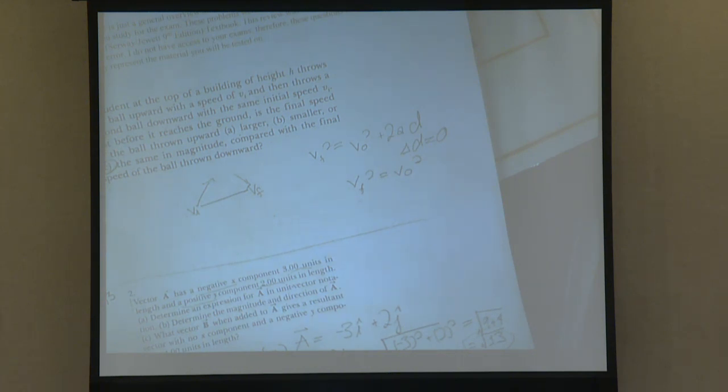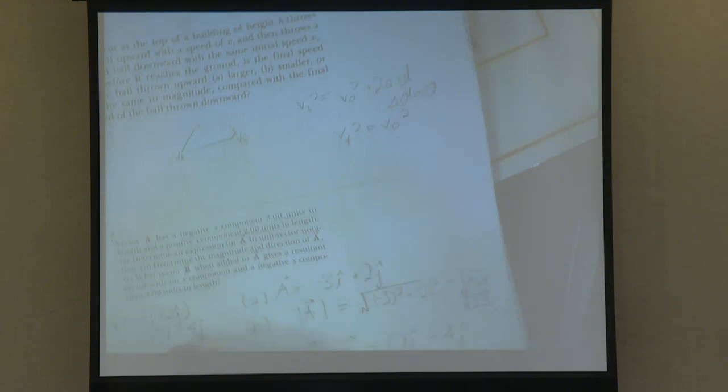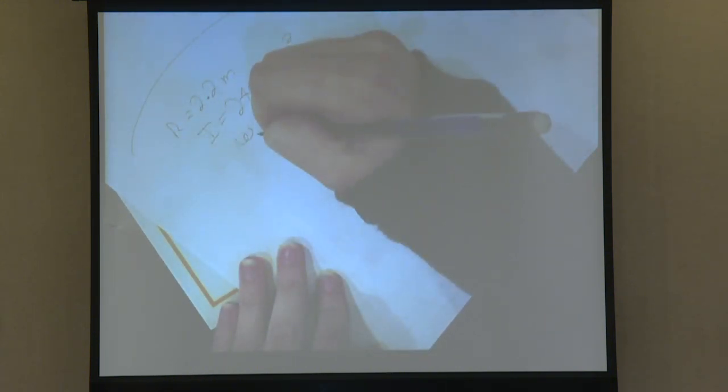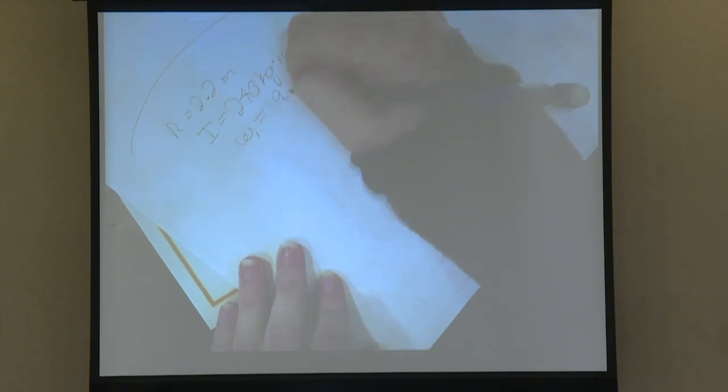Okay, let me write that down for you. So the question is: a merry-go-round of radius r equals 2.2 meters has a moment of inertia of 240 kilograms times meters squared, and is rotating at an angular velocity of 9 revolutions per minute.